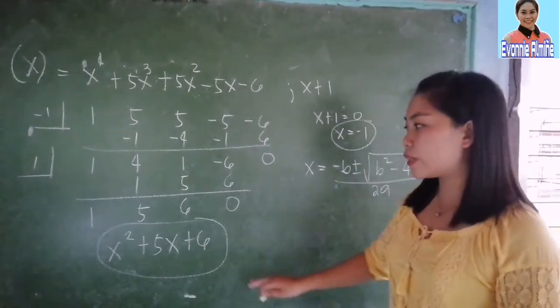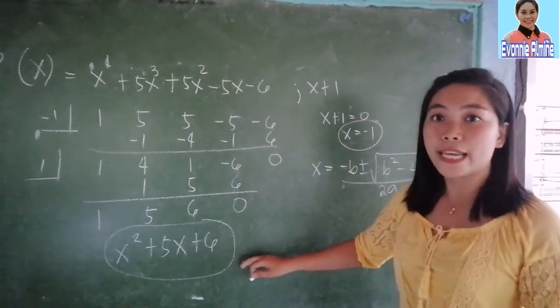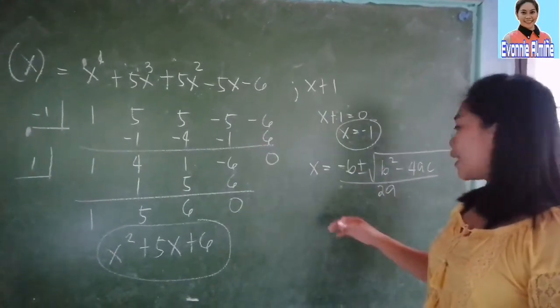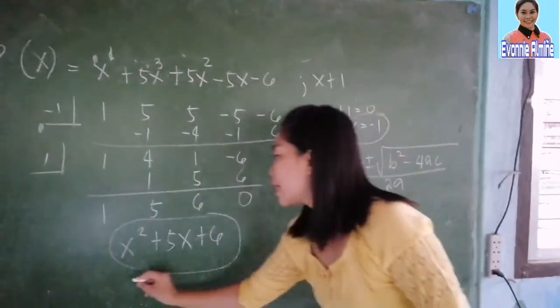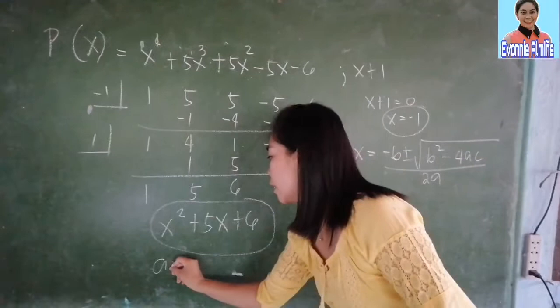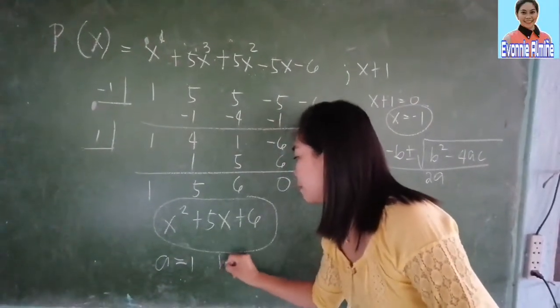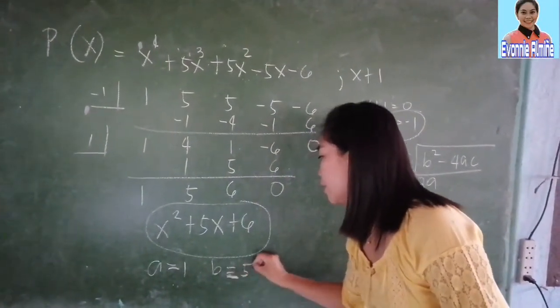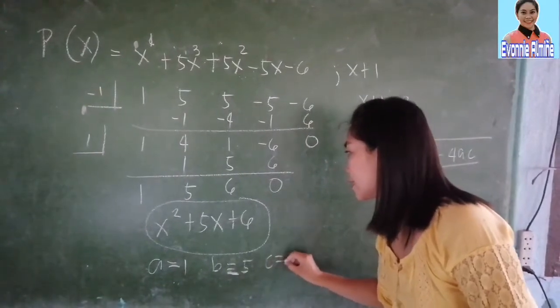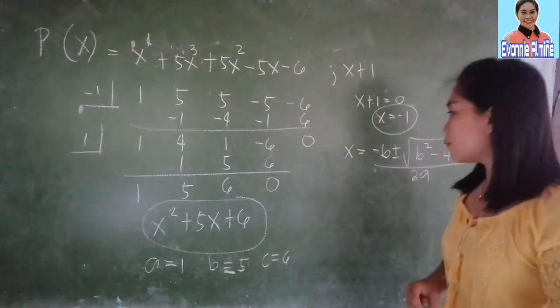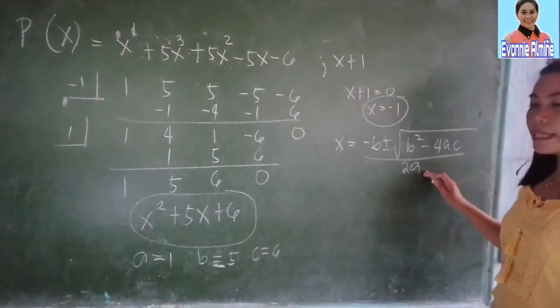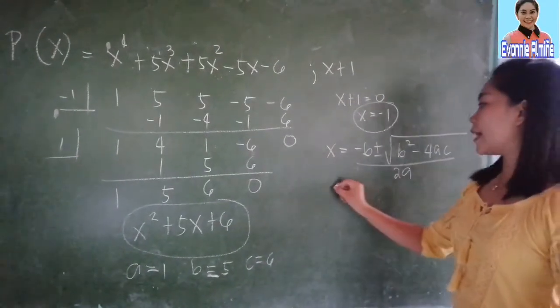But first, we have to identify the values of a, b, and c. So, yung a po natin, a is 1, then b is 5, then c is 6. Now, isa-substitute po natin yan dito sa quadratic formula natin.